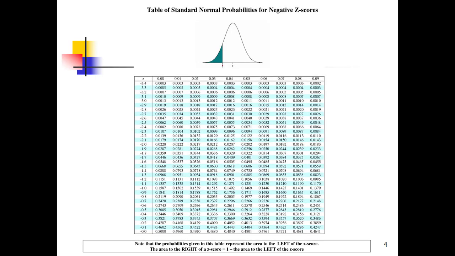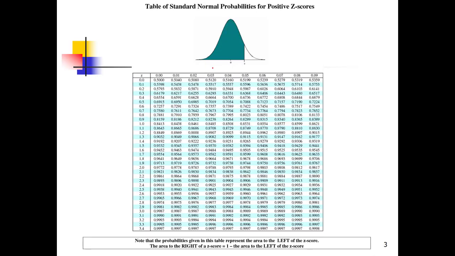The same thing for the negative values of Z: for each Z, we go to this table and read the area on the left of the Z. The same thing here, the area on the left.